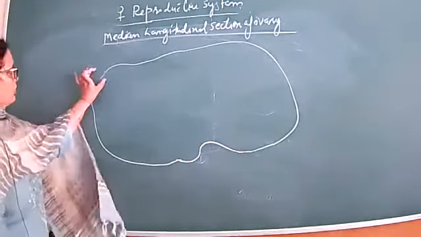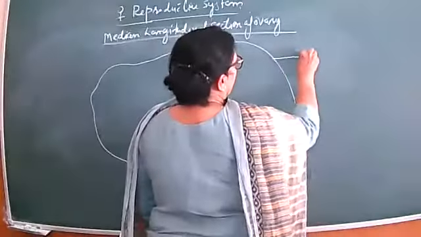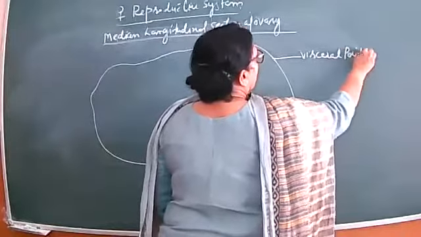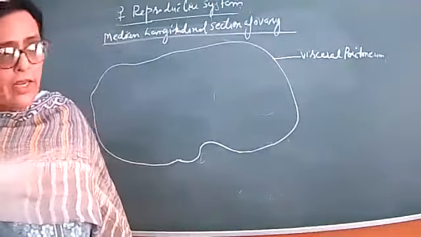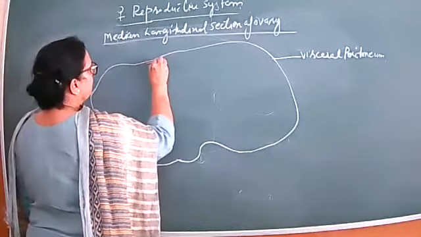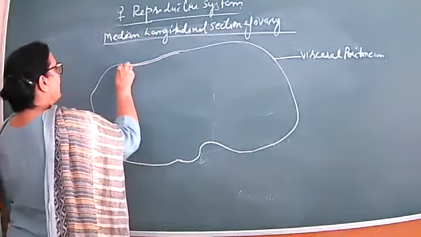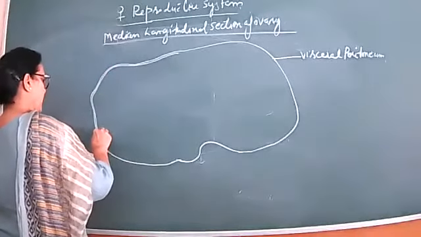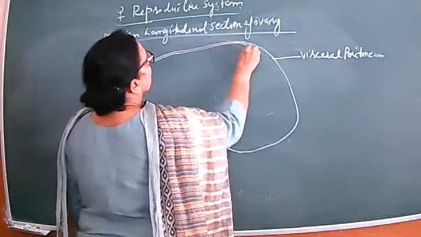This is the outermost layer of that, the visceral peritoneum. Inner to this there is a layer of epithelial cells. What kind of epithelium is there? The epithelium is cuboidal epithelium, right? So cube-like cells are there.